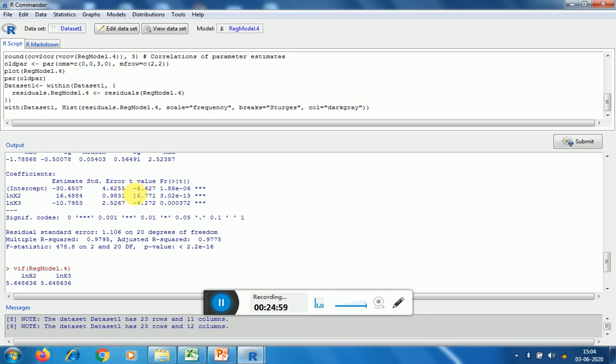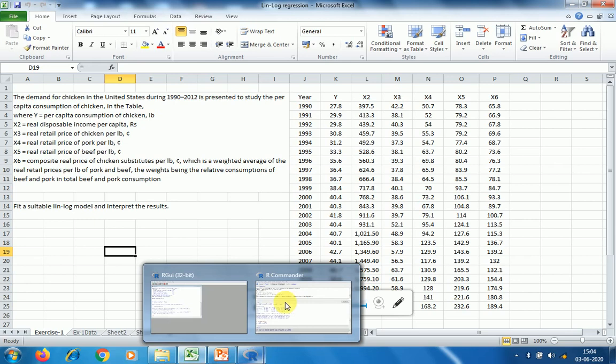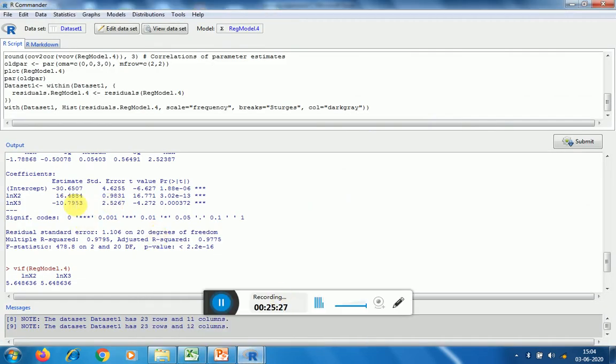So if your x2, the real disposable income per capita, changes by 1%, then that will lead to an increase in the per capita consumption of chicken by 0.16 units. So this is how we can make inferences based on this particular output.